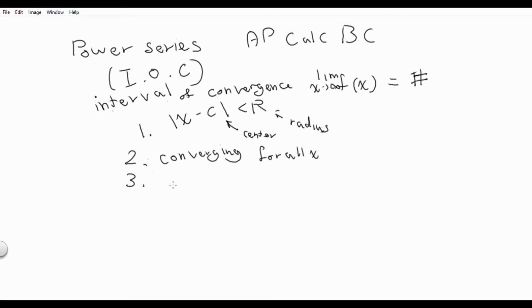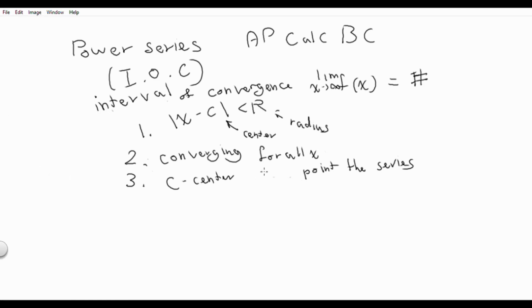The third one is that the series only converges at c. So c, which is the center, is the converging point for all the series. Actually, focal point isn't a good vocab to use.